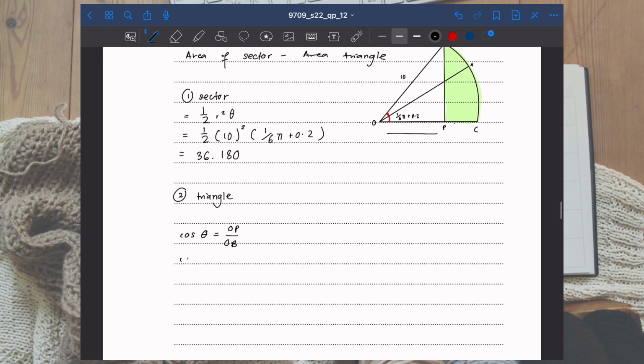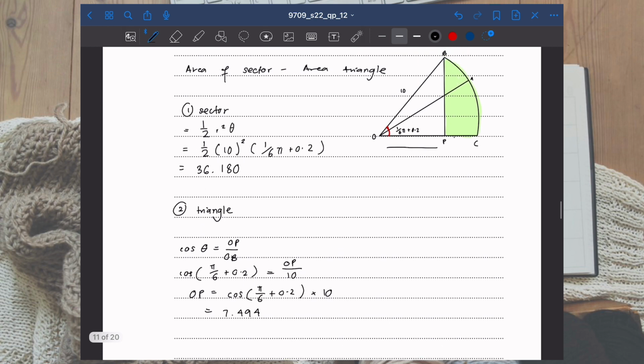So cos of (pi over 6 plus 0.2) equals OP over 10. So OP will be cos of (pi over 6 plus 0.2) times 10, which gives us 7.494.